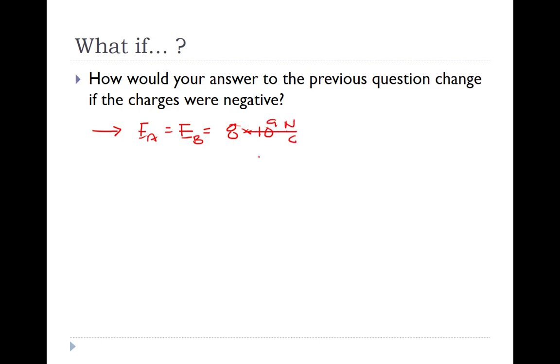I did remember that number correctly, yes. The directions would be different for the individual field pieces. So EA would now be to the left and EB would be to the right.